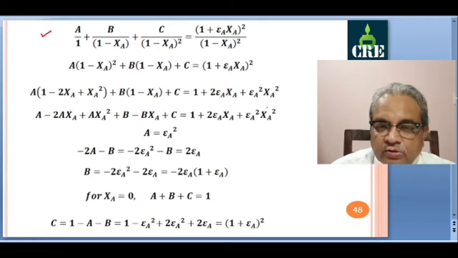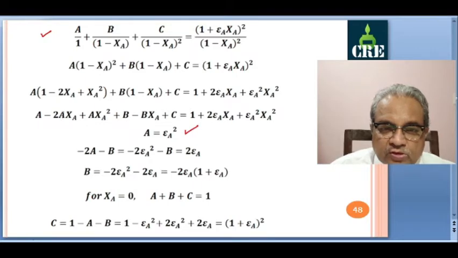Then what we do is, you equate the square term first. The square term is here, epsilon A squared on this side, and XA squared is the only square term. So A is equal to epsilon A squared, you get directly. Then the coefficients of XA.